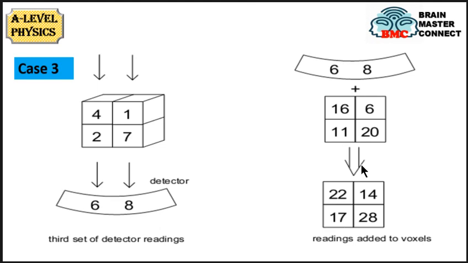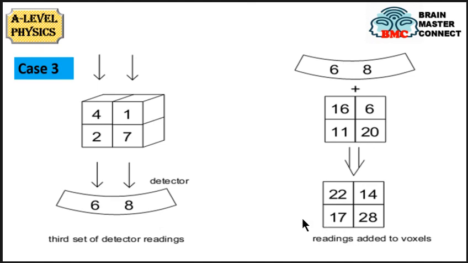So what I have right there gives me the reading of a new Voxel, or you can say a new Voxel formed. So it gives you a newly formed Voxel right here.